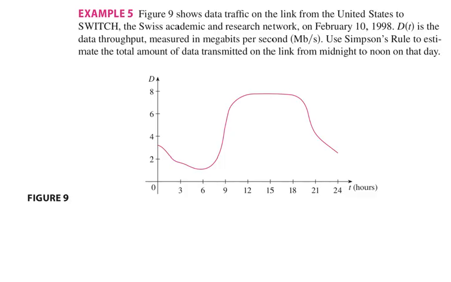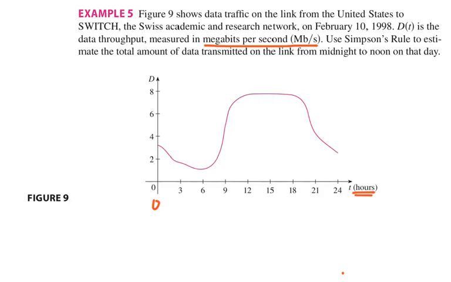As we get ready to find the area under the curve, notice it's measured here in megabits per second, and this is in hours, so it needs to be changed to seconds first. 0 hours is still 0 seconds. 3 hours is a lot of seconds.